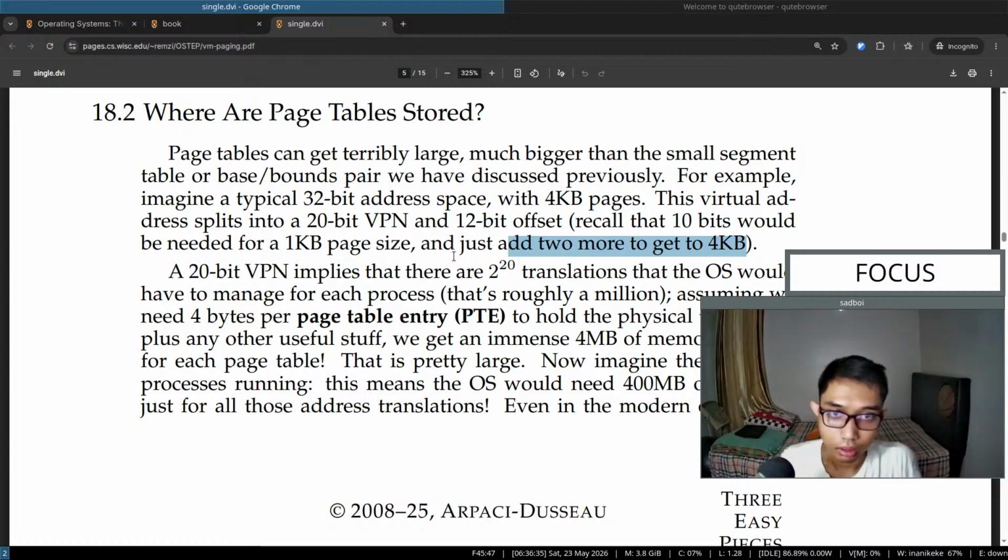Yeah, I'm still not sure about this statement, I guess. What it means, just add 2 more to get to 4 kilobytes.